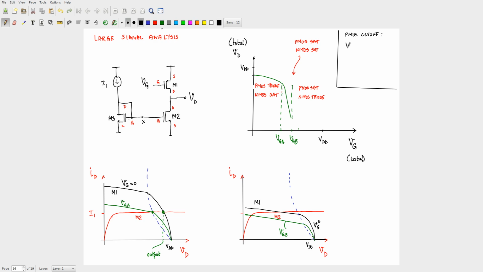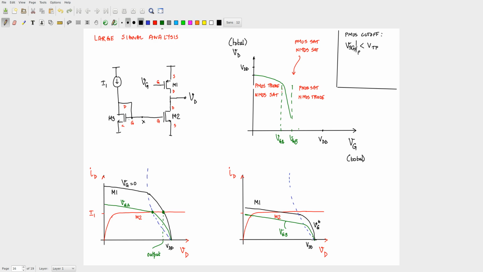Your VSG must be less than VTP. Okay, this is VSG of the PMOS device.